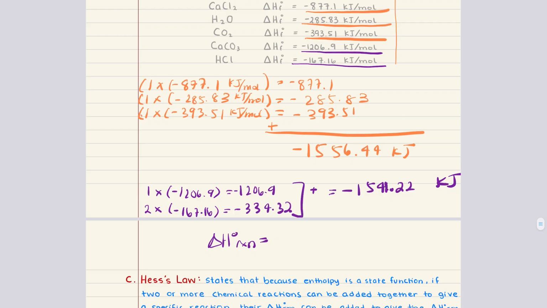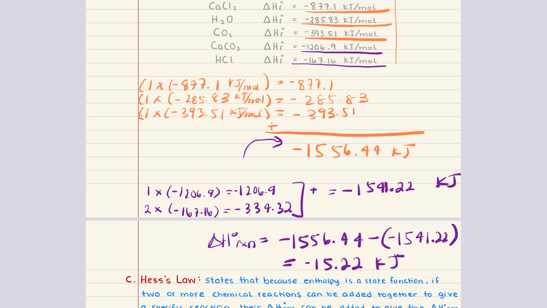reaction. This is going to be equal to negative 1,556.44, which is what we calculated for the products, minus what we calculated for the reactants, which is negative 1,541.22 kilojoules. And this gives us a final answer of negative 15.22 kilojoules.